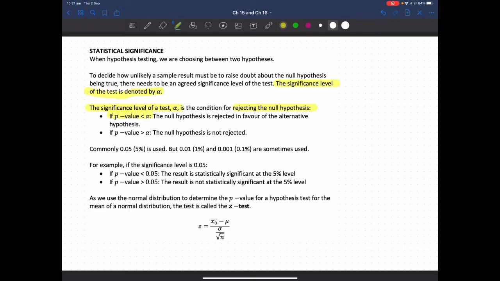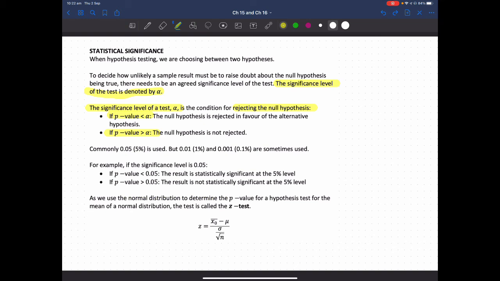So if the p-value was 0.75, if that was the agreed value, less than 0.05 for the p-value will mean that the null hypothesis is rejected. If, though, the p-value was bigger than alpha, say bigger than 0.05, if that was the agreed value, then the null hypothesis would not be rejected.